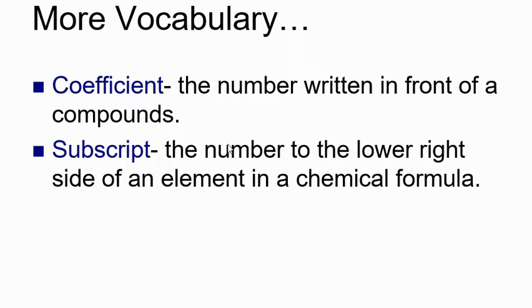A subscript is small, it's little bitty, and it's going to be to the right of an element. The subscript describes how many of one specific element there are, where a coefficient tells you how many of an entire compound it is. Okay.